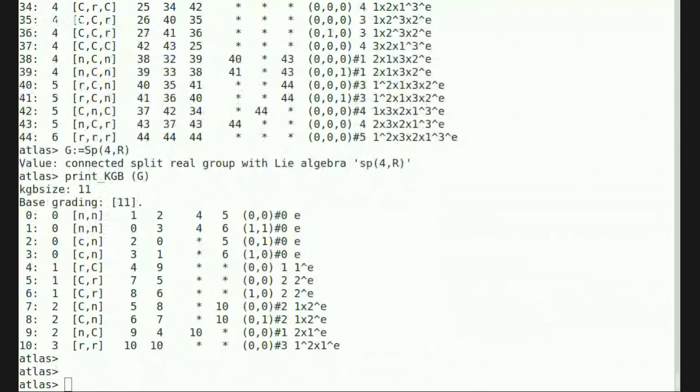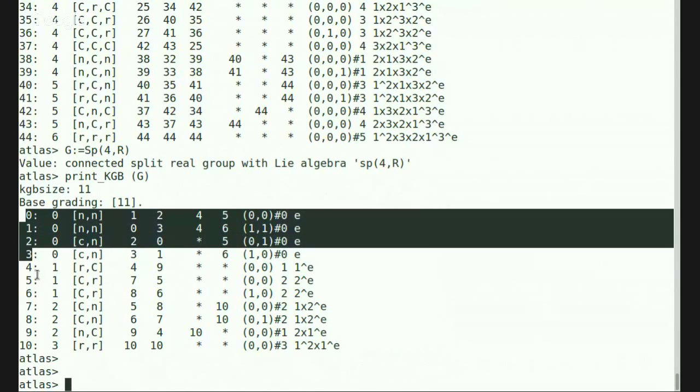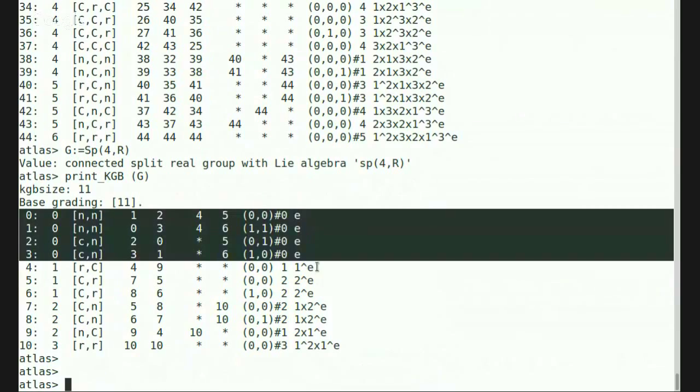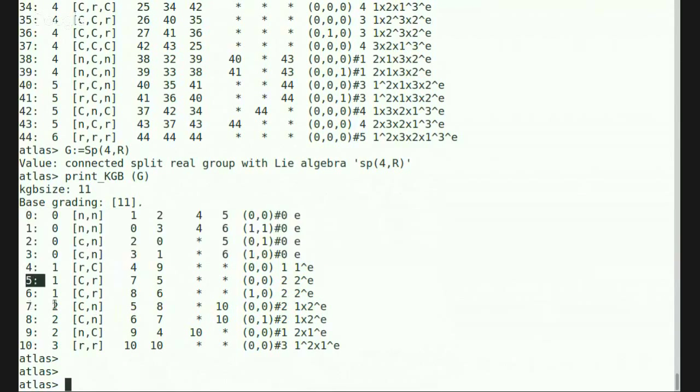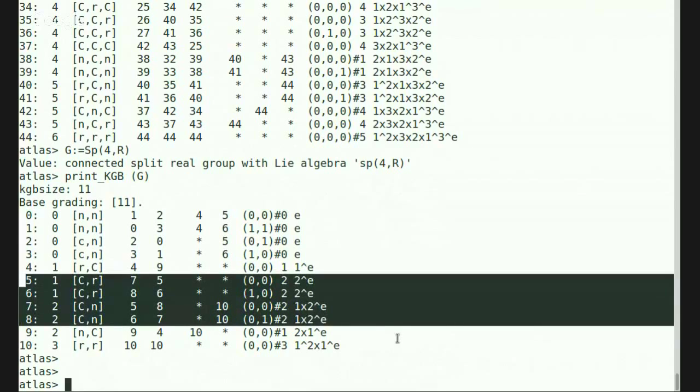Okay, so these are the 11 elements of KGB that I showed in that picture earlier, and the fundamental fiber is these 4, which are going to Cartan 0. And then these 5, 6, 7, and 8, I believe, are attached to Cartan number 2.